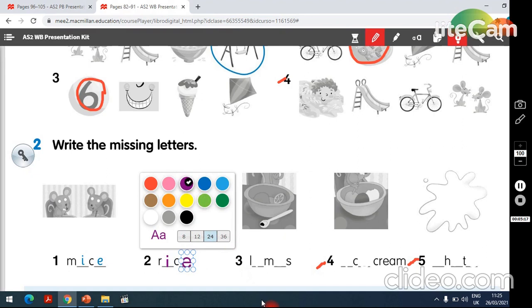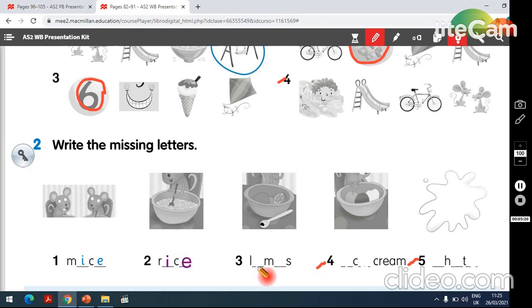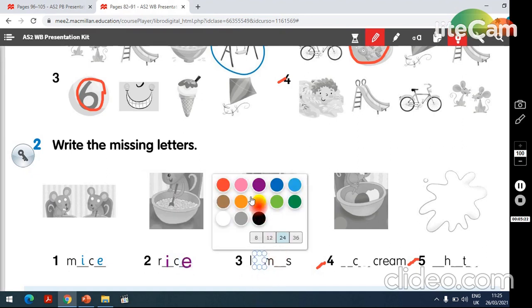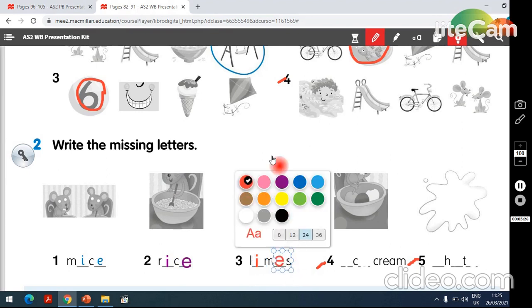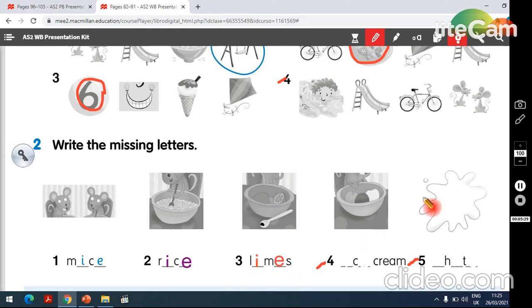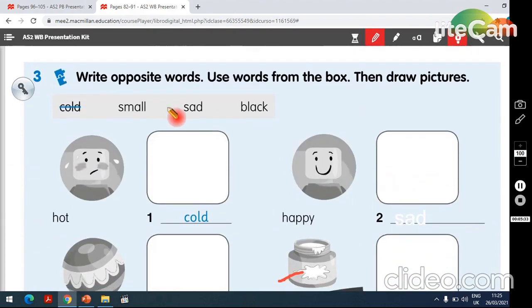Now let's move to number 3. Limes. The missing letters are I and E. Now 4 and 5 are your homework. Now let's move to activity number 3. Write opposite words. Use words from the box, then draw pictures.